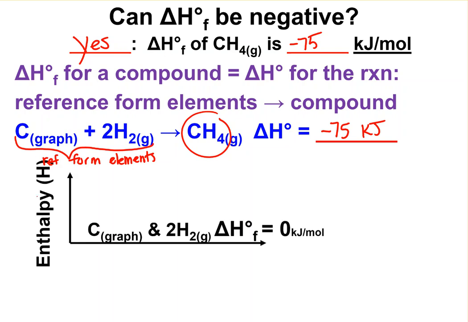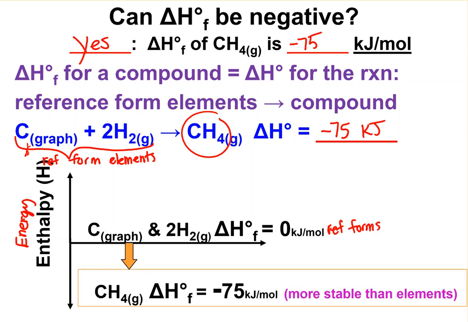Let's look at that graphically. So here's my energy diagram. Remember, enthalpy is essentially energy, a specific type of energy, stored heat. And here I have my reference forms. And in this case, if I look for the CH4, it's down here.